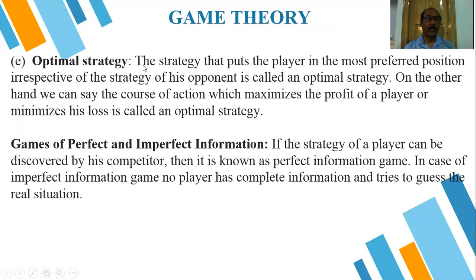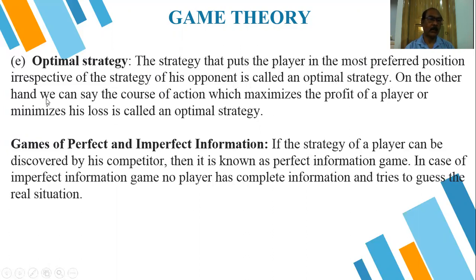Now the optimal strategy. We already learned the optimal strategy, but we are describing it here in another way. The strategy that puts the player in the most preferred position, irrespective of the strategy of the opponent, is called an optimal strategy.